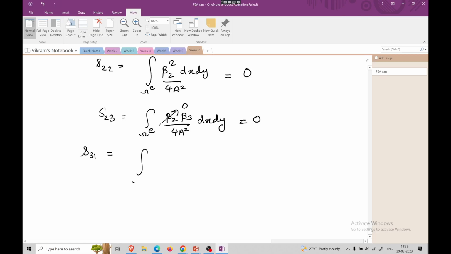At the element level itself, there are two terms. As I told, one term is related to Sij11 and the second term is related to Sij22. Till now we have calculated the elements related to Sij11, which is nothing but this.